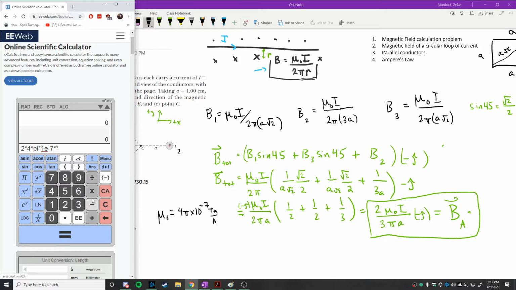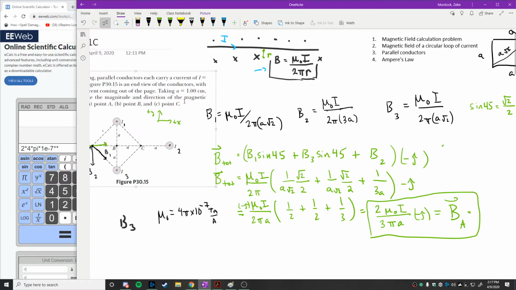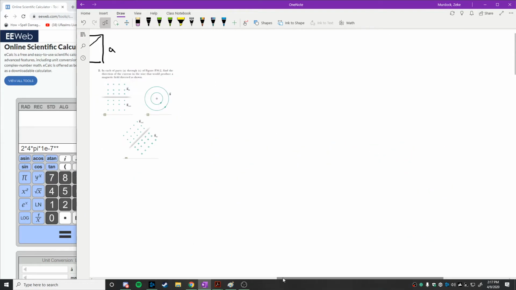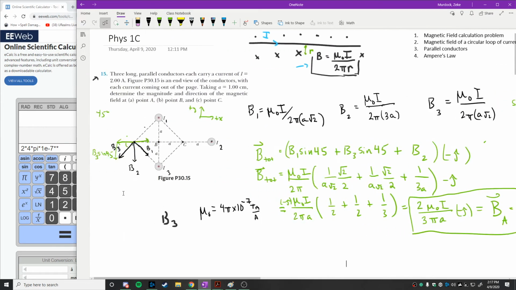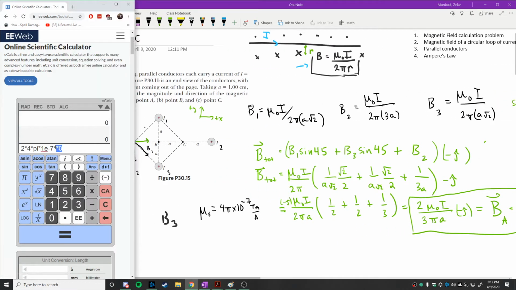Times the current I. The current I was 2 amps here. So times 2, and then divided by 3, divided by pi again, and then divided by a, which was 1 centimeter, which is 0.01 meters. So we end up getting 5.3 times 10 to the negative 5.